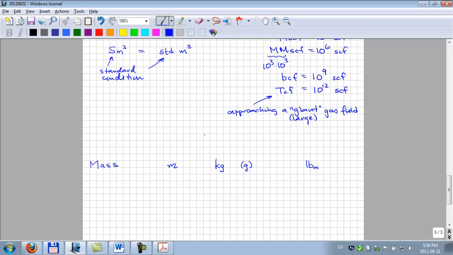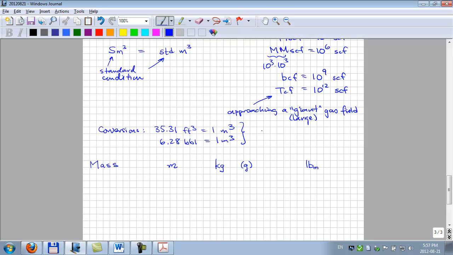And I forgot to give you conversions for the volume. Very important, so I'll do that. There's basically two numbers I remember: 35.31 cubic feet in 1 cubic meter, and 6.28 barrels in 1 cubic meter.